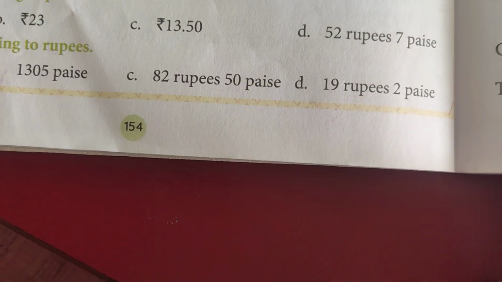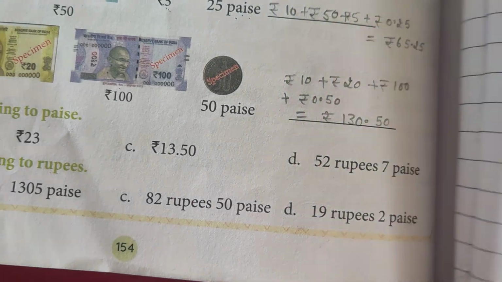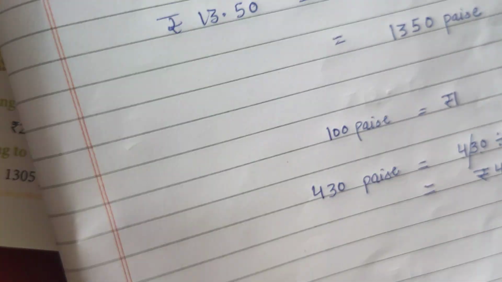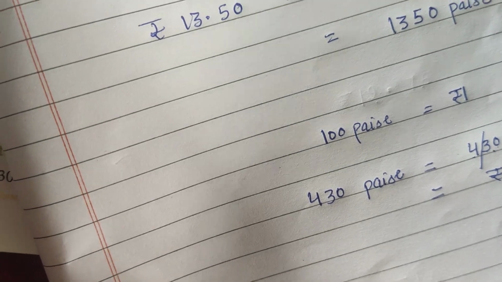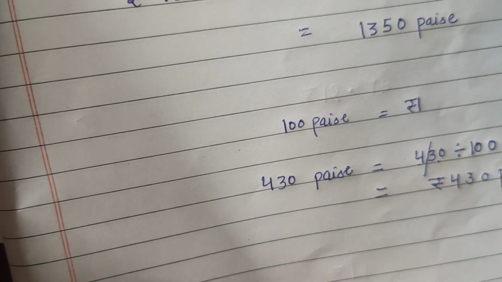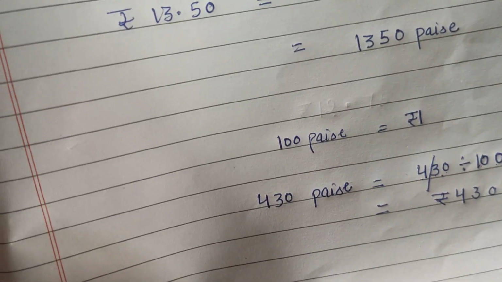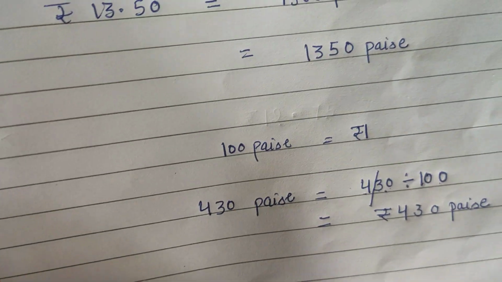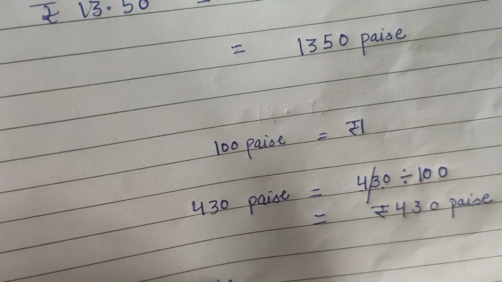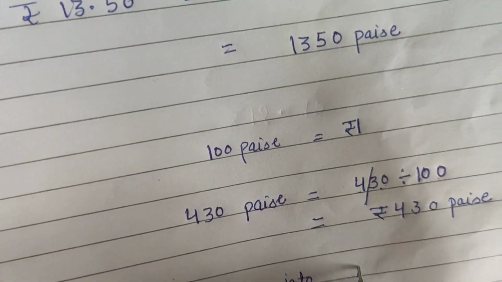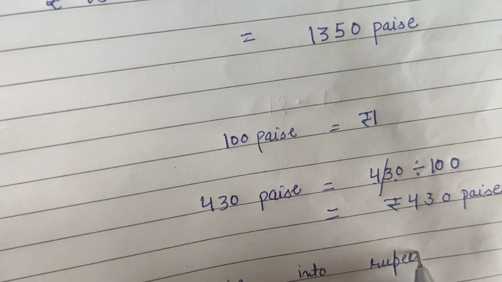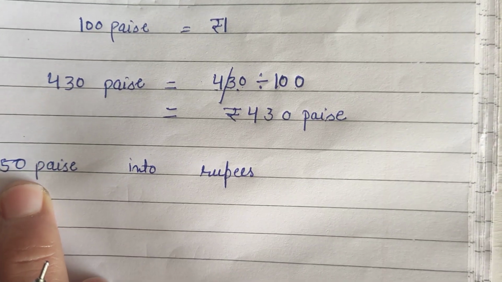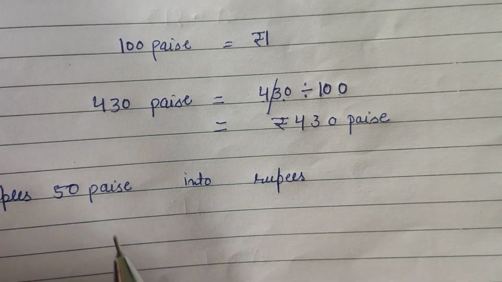Now come to the C part. I will do one question for you. In the C part we have to convert 82 rupees 50 paise into rupees. So 82 is already in rupees, but we have to convert 50 paise into rupees.